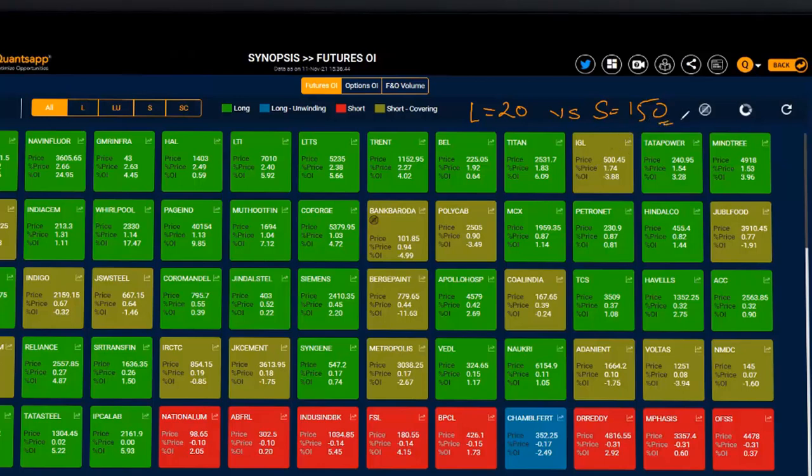Generally it would be the short side because there are multiple reasons for it. First thing is, if you want to find an opportunity on the long side, there are just 20 opportunities in front of you, out of which some might get ignored or eliminated because the data might not be supporting it.